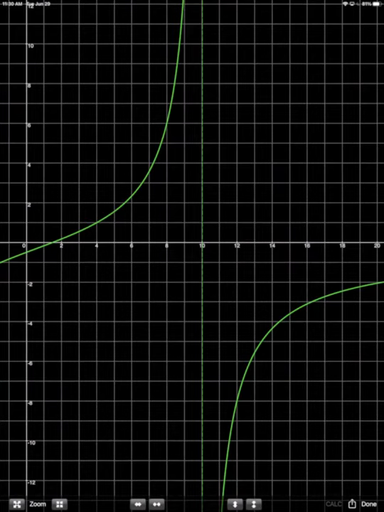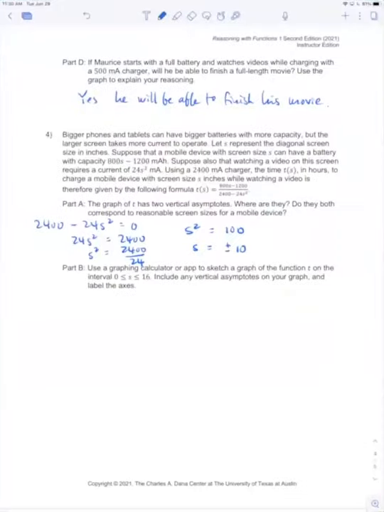So let's go back to try to sketch this. There we go. Vertical axis, horizontal axis, and this is going to be the time in hours axis, and this is the screen size axis, and we're in inches.